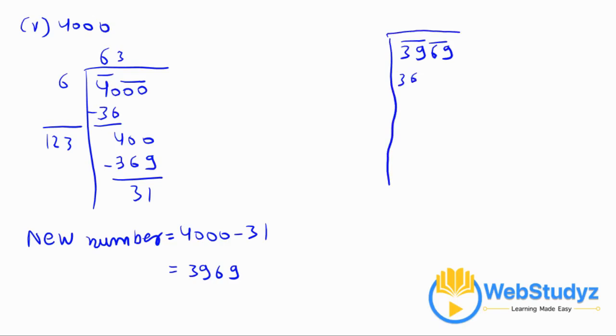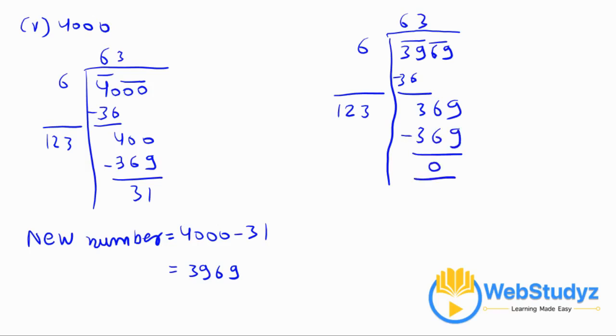So this can be subtracted by 36, which is the perfect square of 6. So we get 369. Here we have 2 times 6, which is 12. And if we take 3 here and 3 here, 3 times 123 is 369.